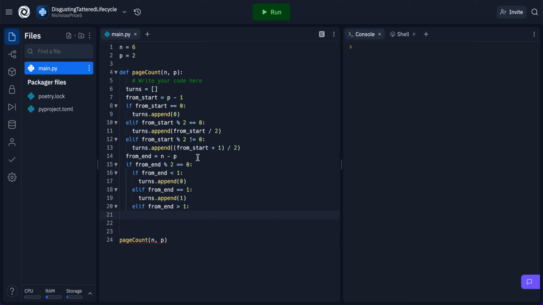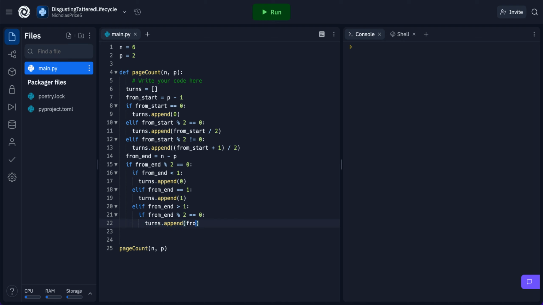So if from end modulo 2 equals 0, this means they are an even number of pages away from each other, we can just go ahead, divide by 2, and that's our number of turns.